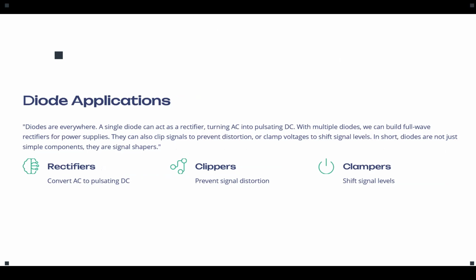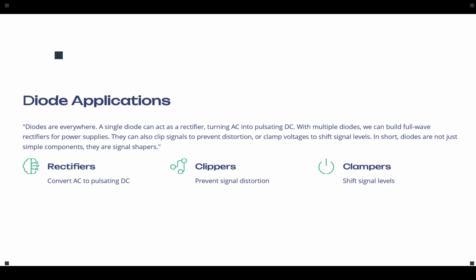Now, we have several applications when we talk about the diode. The obvious one is the rectifier. We said the general purpose of a diode is to make the current unidirectional, so it makes sense that one of the basic applications is rectifying.